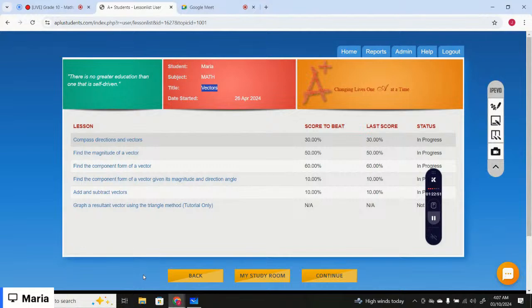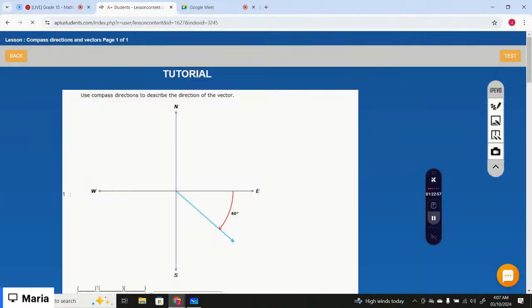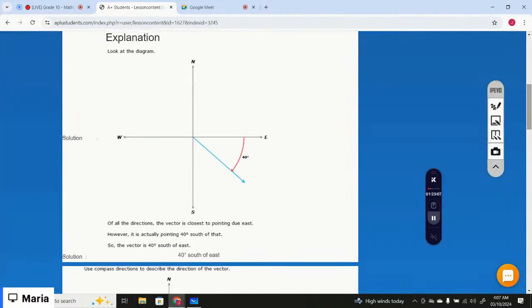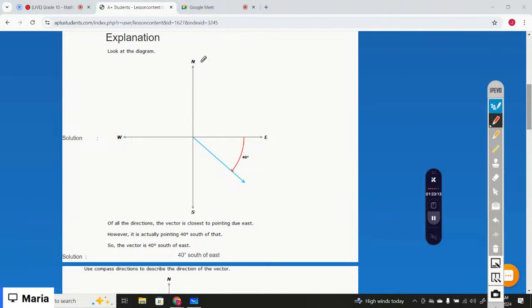Here I'm on grade 10 math. Let's just start with the first lesson, that is compass directions and vectors. Use compass directions to describe the directions of the vector. So this is north, east, south and west, right?